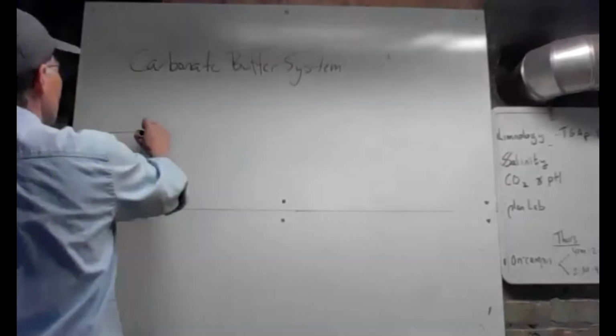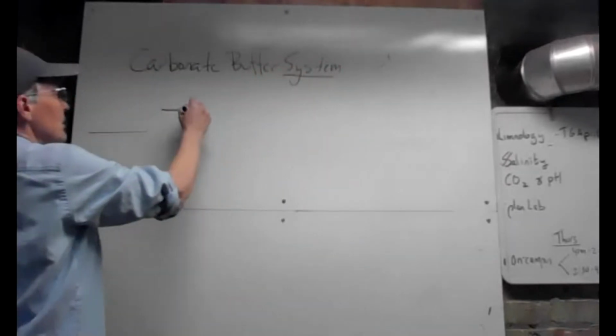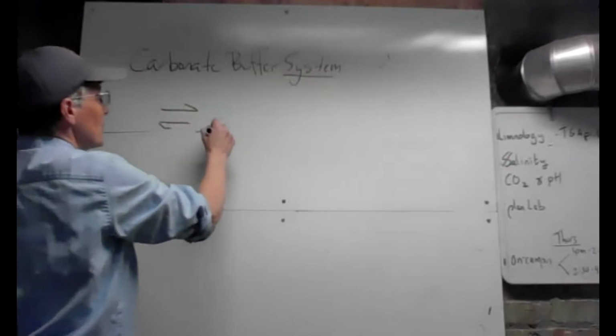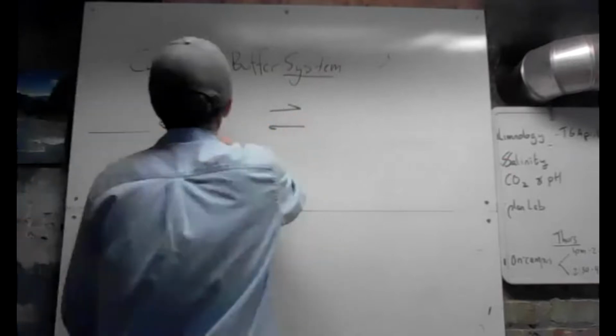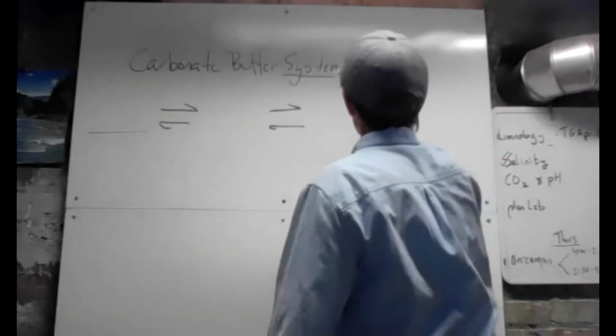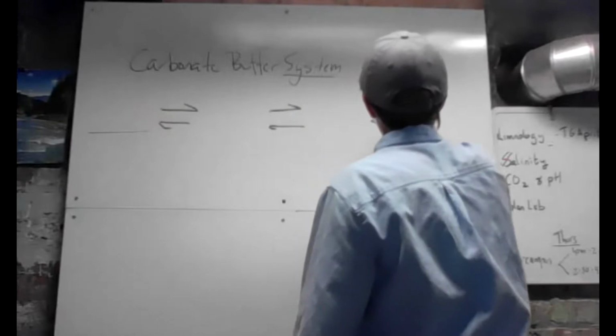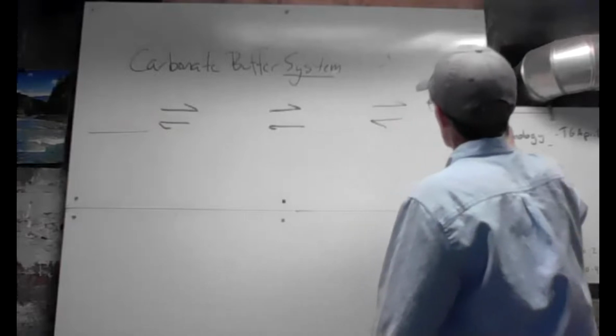It's a system, by which I mean it can go this way, these are my little arrows, right? It can go back and forth from this to this, from here to this, and here to this. So we've got our 3 zones here.